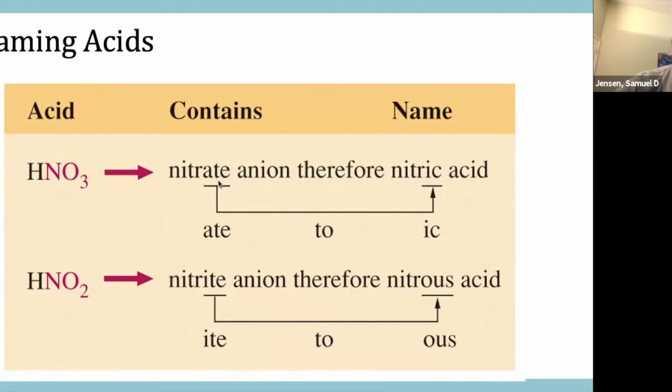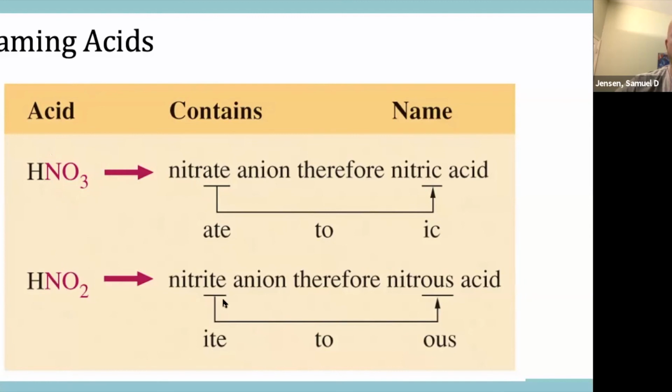So when you pair that with hydrogen, the ATE gets replaced with an IC, and so it becomes nitric acid. Okay. So if you don't know the polyatomic ion's name, then you won't know what to change it to as an acid.